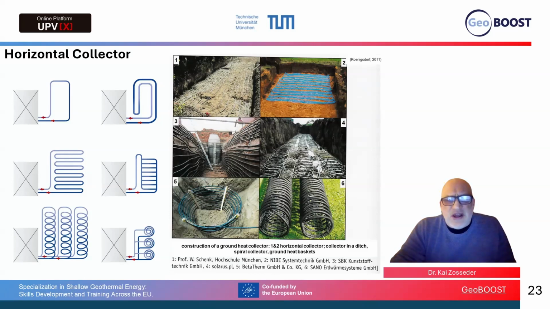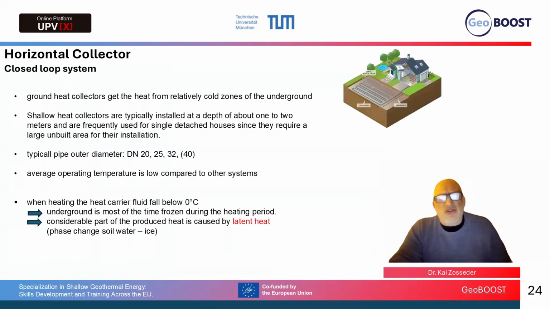But of course, what is also important for horizontal collectors is that the ground heat collectors get the heat from relatively cold zones in the underground, because we are not so deep. If you go deeper in the underground, it's getting warmer, but now we are just quite near the surface.